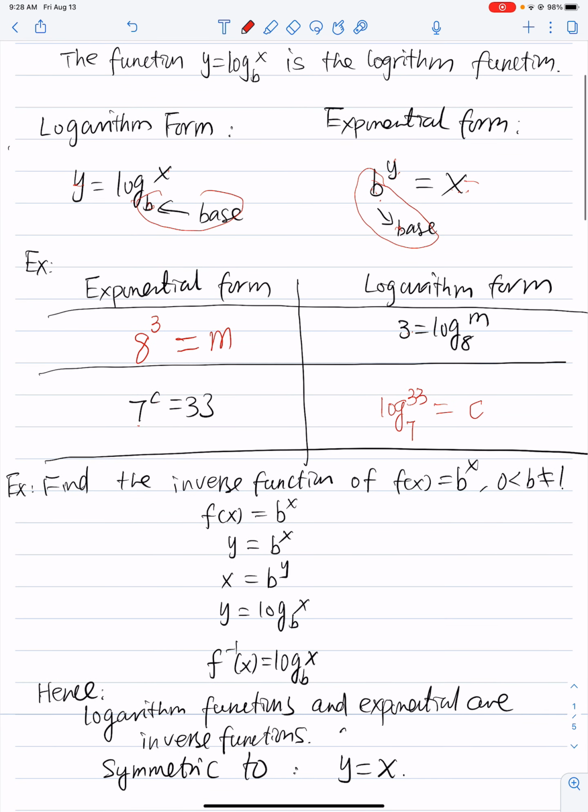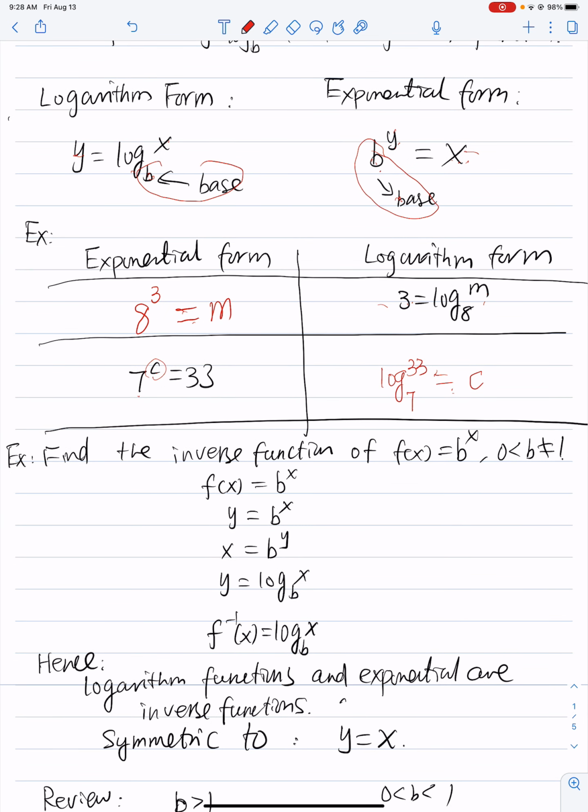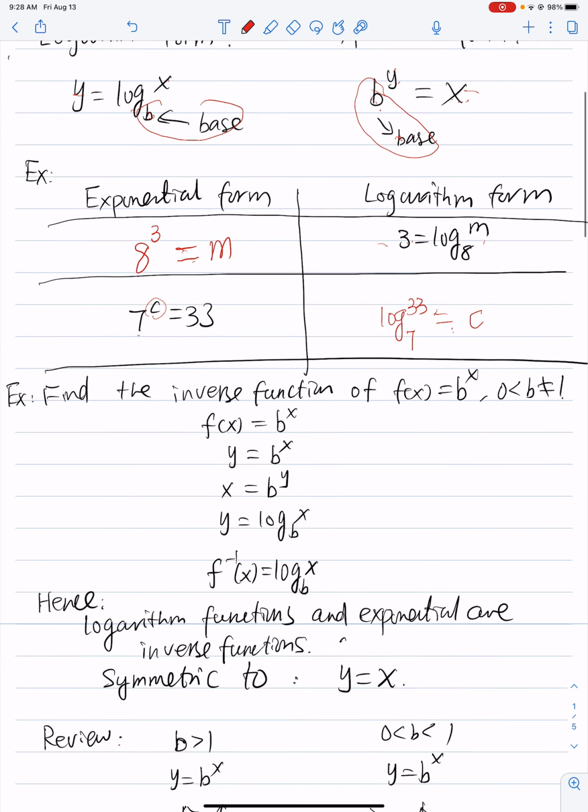So this also tells you, if this is a logarithm equation, this is how you solve it. You can isolate the m, and you can isolate the exponent. How could you do that? Rewrite it in the logarithm form. Okay, so this is also the way to solve this question.